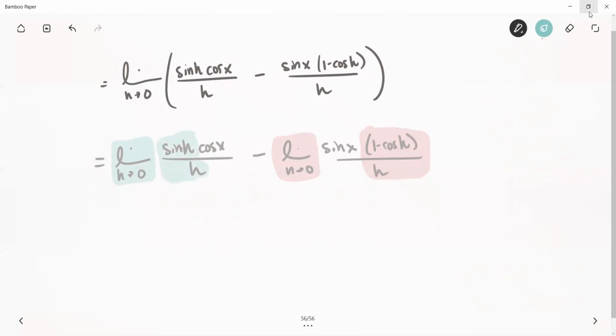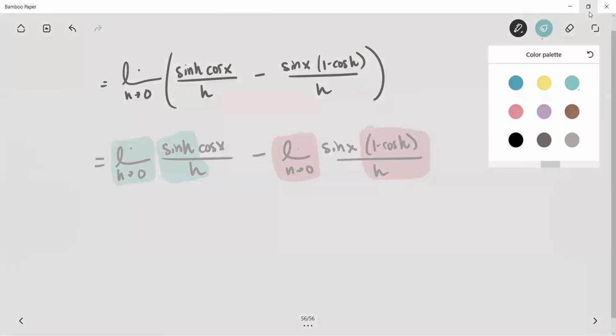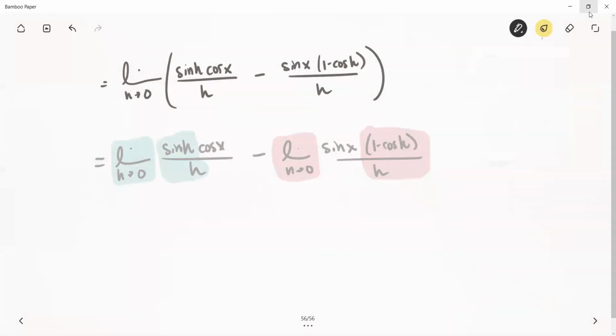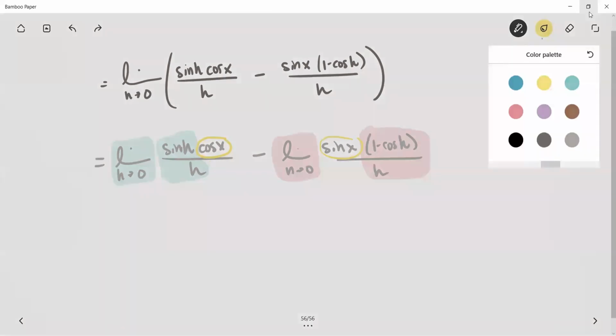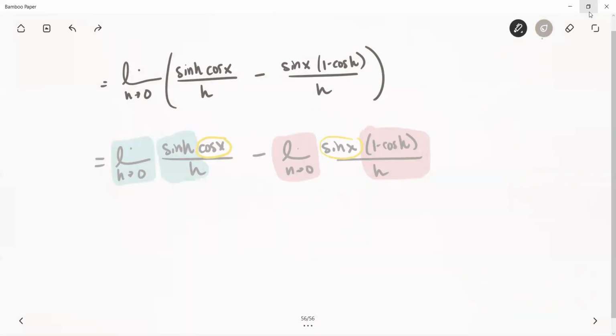And the stuff that's left, right, these things, they don't have h's in them at all. So I know that they're not affected by my limit. And so I don't have to worry too much that they're attached, because the limit doesn't really do anything to them. So they're just along for the ride. I can really focus on this, and just simplify from there.